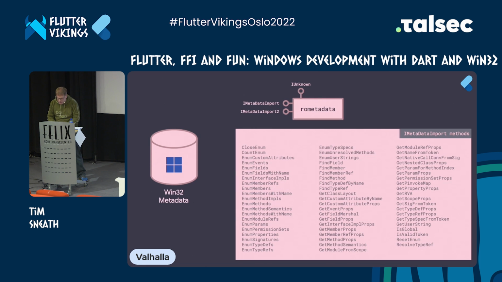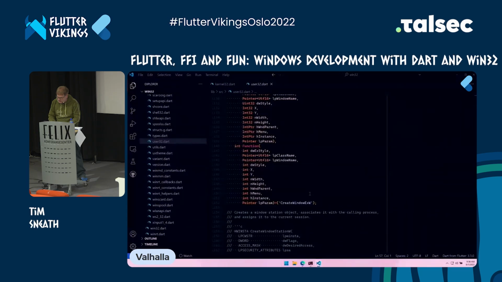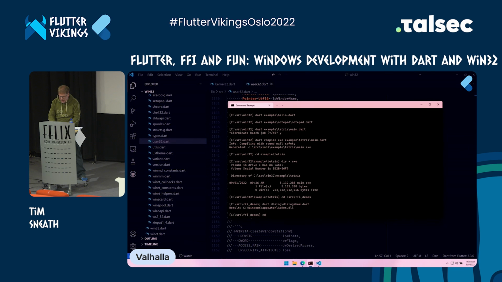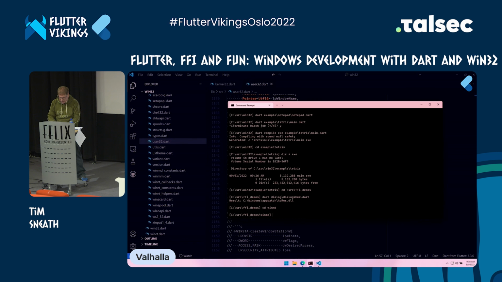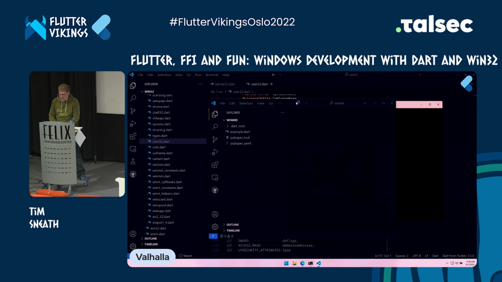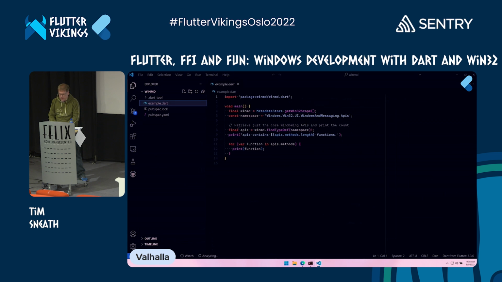So if I go for a moment, let's go back into Dart code. And where did I put it? Here, WinMD. Let's open this one real quick. This just shows you how to use this metadata tool. So here I've got this package WinMD.